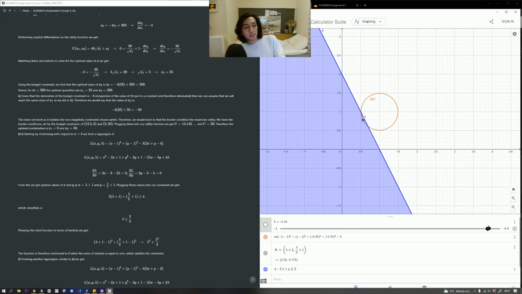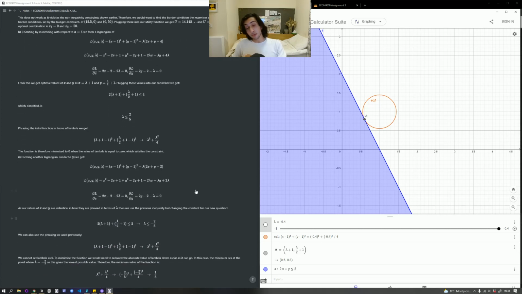So we want to hit the smallest point that is still valid for the function to satisfy the constraint, which is right on the line. You can see that the central value of the function actually lies outside the constraint in this case, which is different to our previous example. But its best value is when it's just touching it, and anything further down is just going to make the function bigger. So we want to keep it just at that constraint. So there's a difference here.